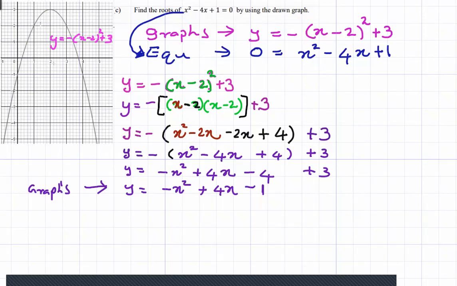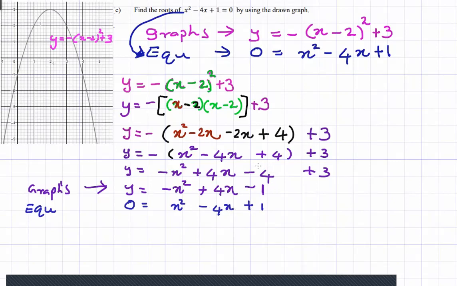All right. So now, under the graph's equation, we have got the same graph. The graph's equation was y equals minus times x minus 2 whole thing squared plus 3. The same equation can also be written as y equals minus x squared plus 4x minus 1. Now under this, let's write the equation we are supposed to solve. What is it? 0 equals x squared minus 4x plus 1.